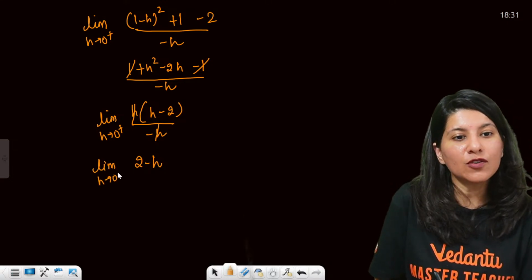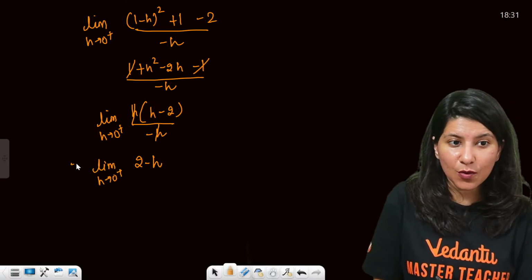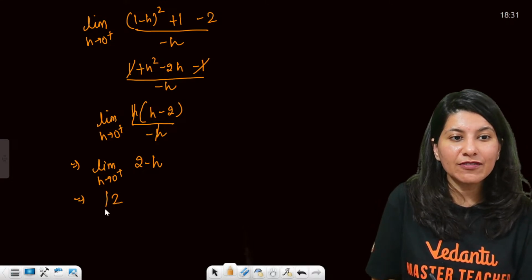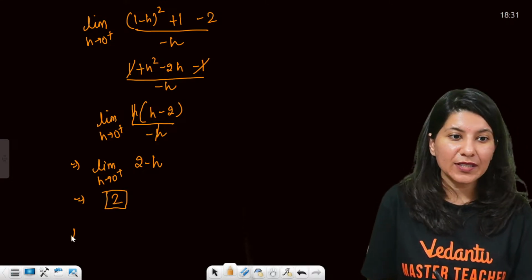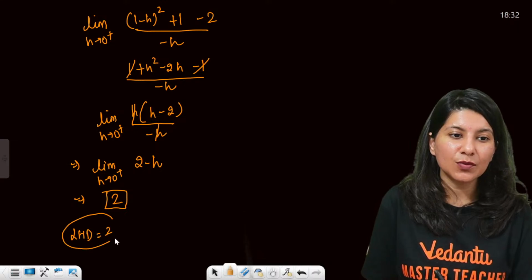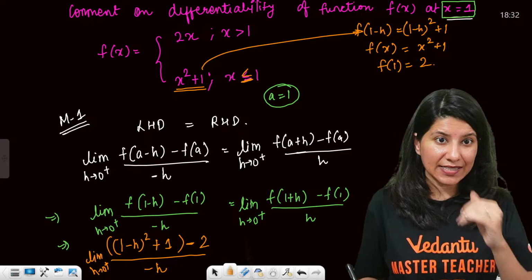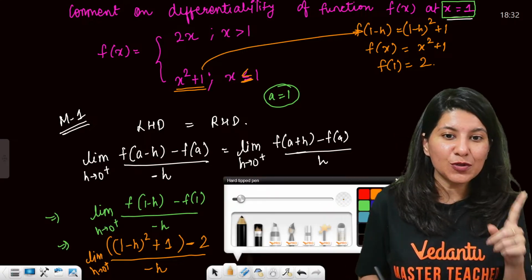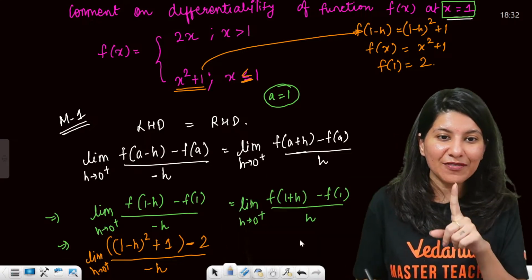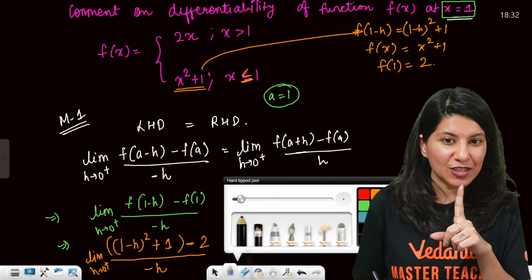And the moment you put h tends to 0, your left hand derivative will become 2. So LHD is coming out as 2. Did you understand how I calculated LHD step by step? If you have any confusion, it will get cleared while I do the RHD part.